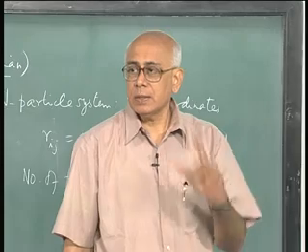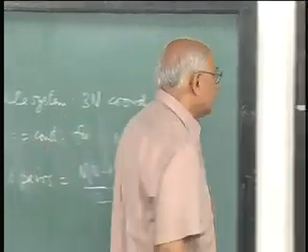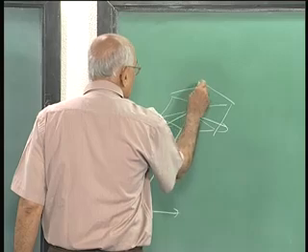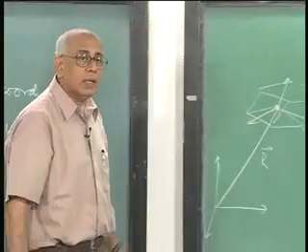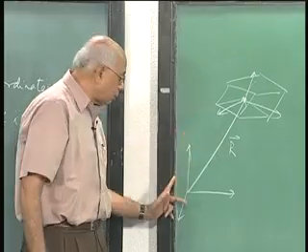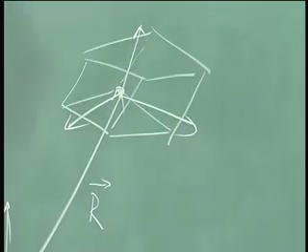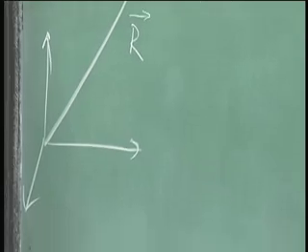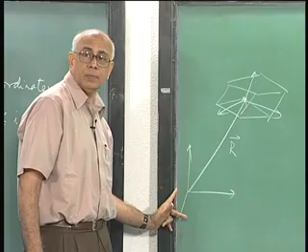Then the orientation of this body in space relative to the fixed coordinate system depends on how this coordinate system is twisted or turned with respect to the other.